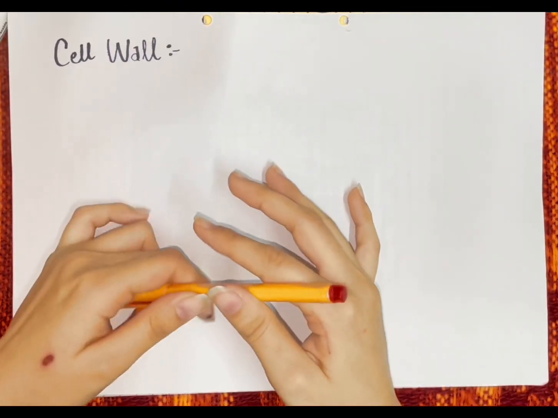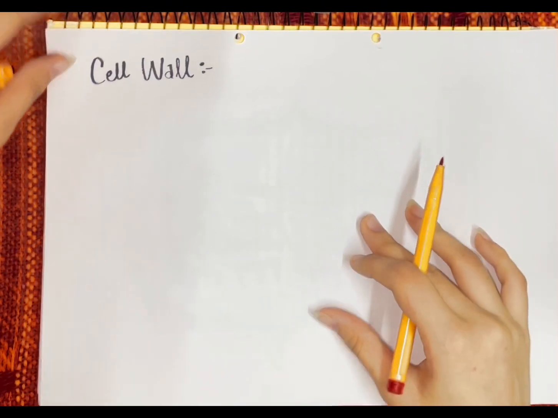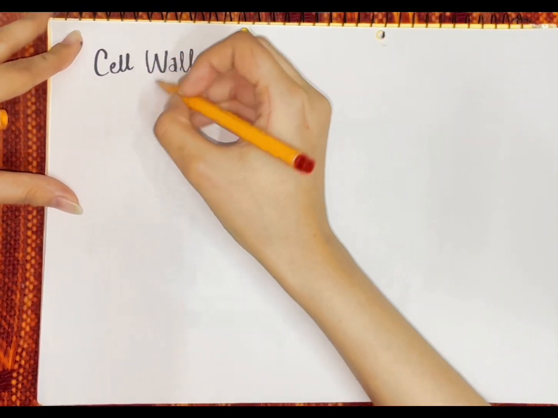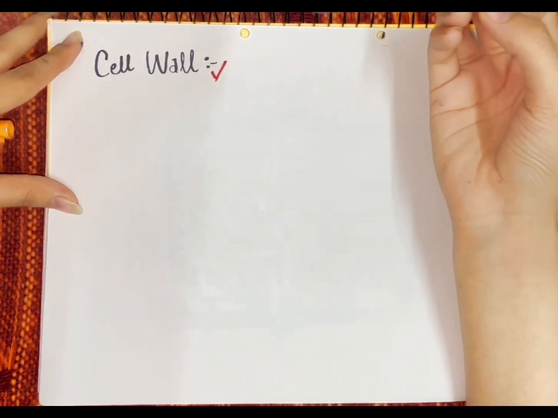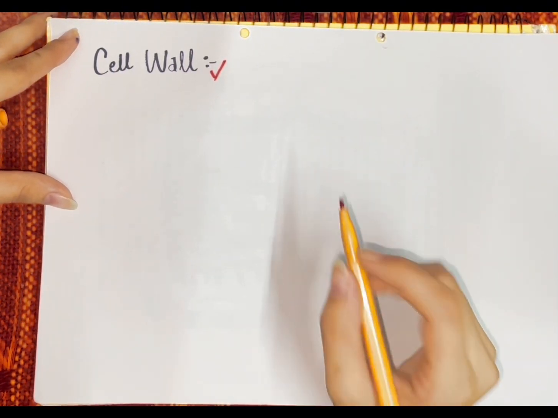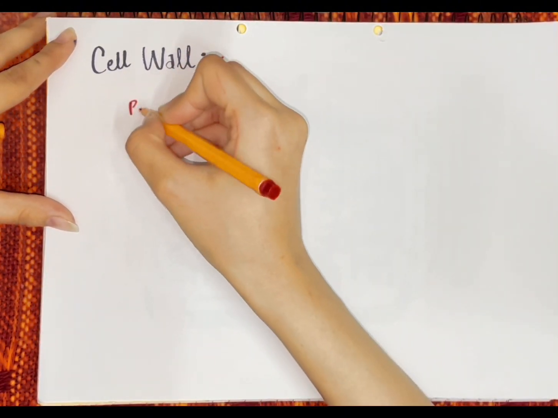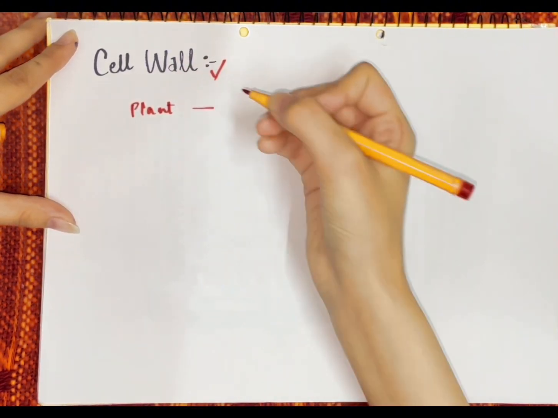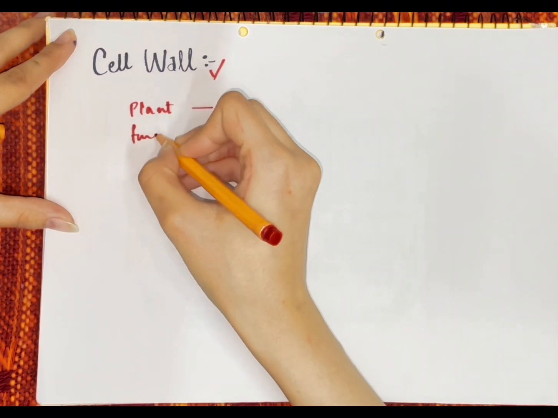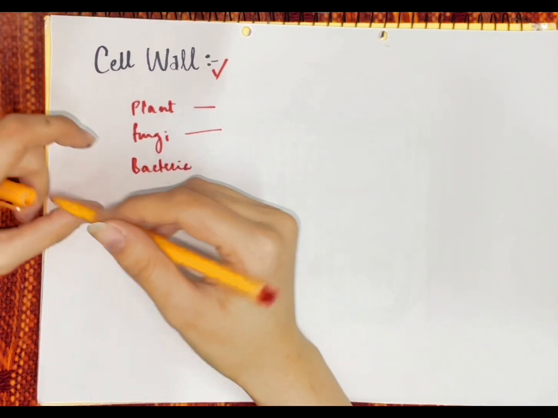Let's discuss the cell wall in detail, as it is a very important topic in your syllabus. A cell wall exists in a plant cell as we have learned, but it is also present in some fungi and in bacteria, in a different form. Let's have a look at how it is present in a plant, in a fungus, and in a bacterium.